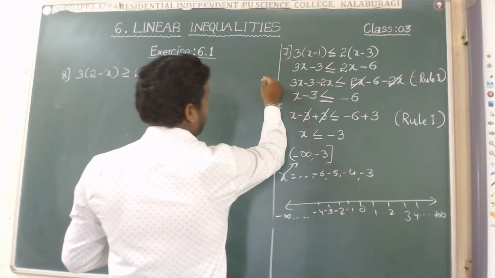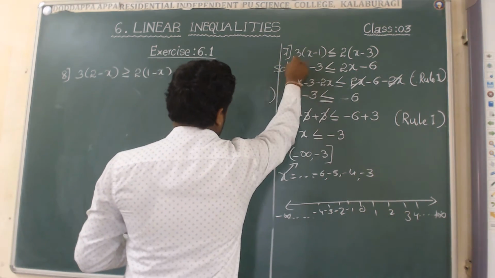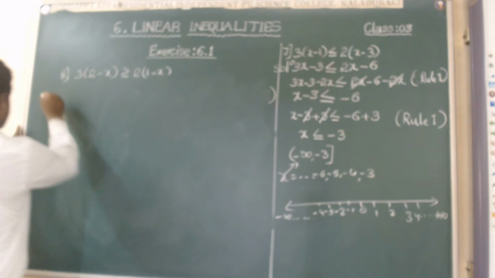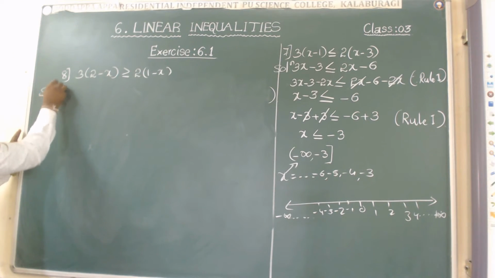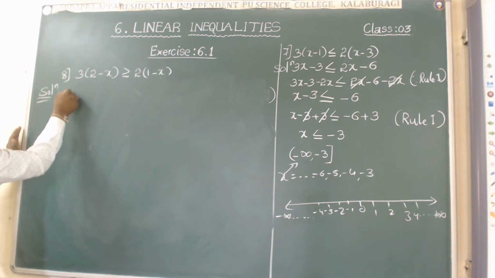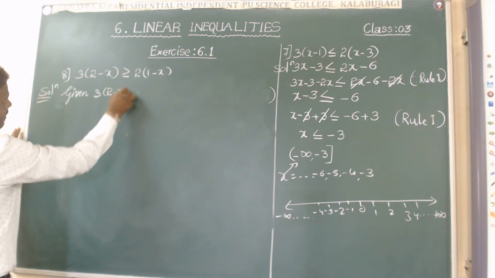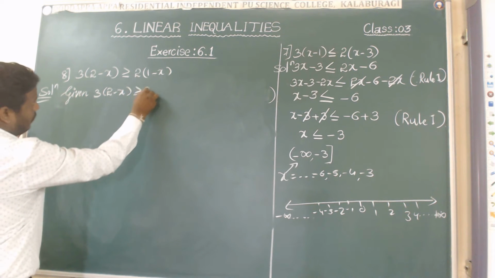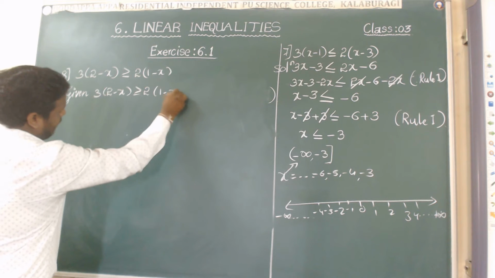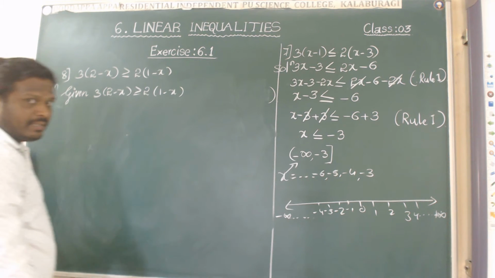Here I am going to write the solution. I will write the given as this: 3(2 minus x) is greater than or equal to 2(1 minus x). This is the given statement.